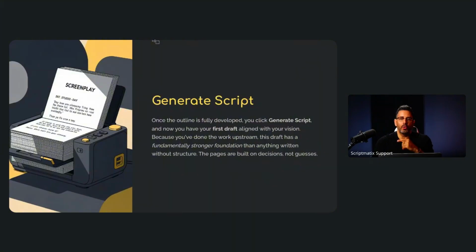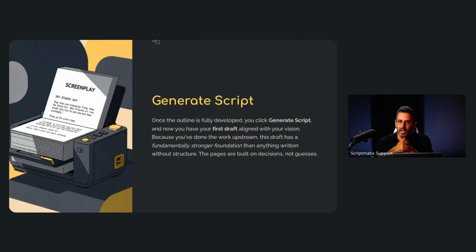All right, so once the outline is fully developed, now naturally we're going to generate script. And at that point, you have the first draft aligned with your vision. If you gave this thing 49 scenes in your outline, you're going to get 49 scenes in your script. It's the blueprint, right? It's a really strong architecture.